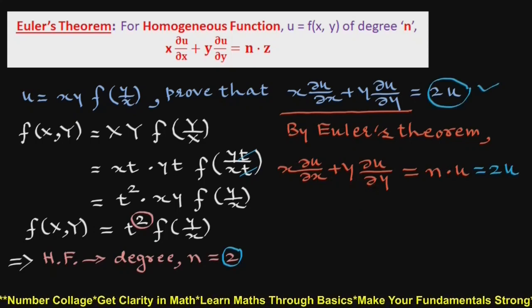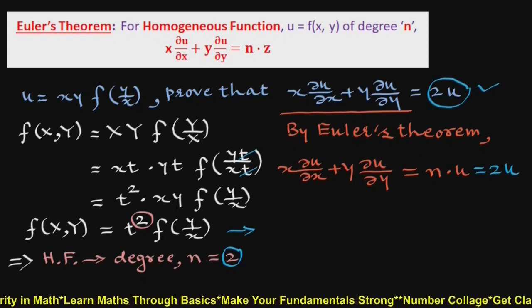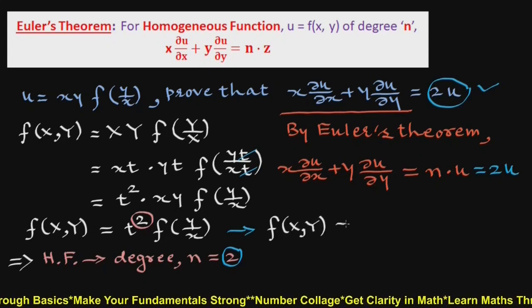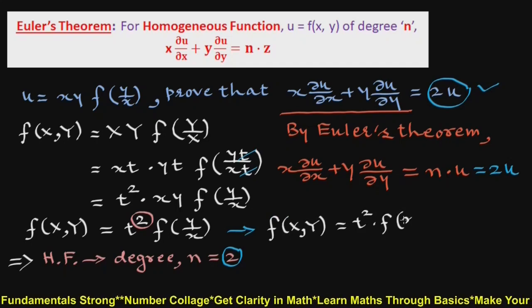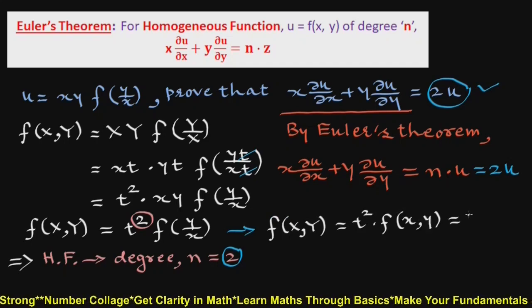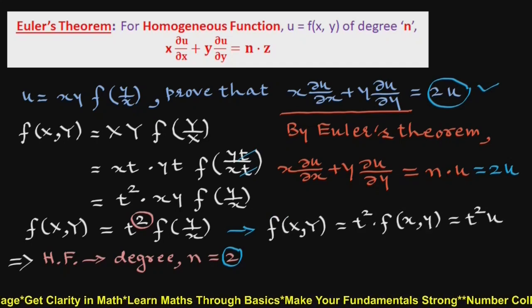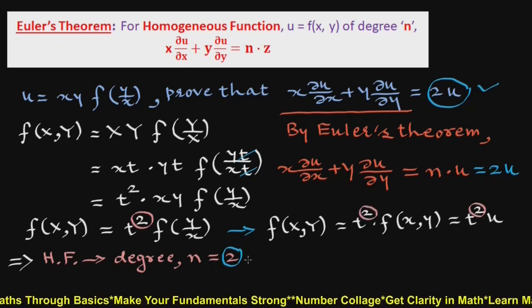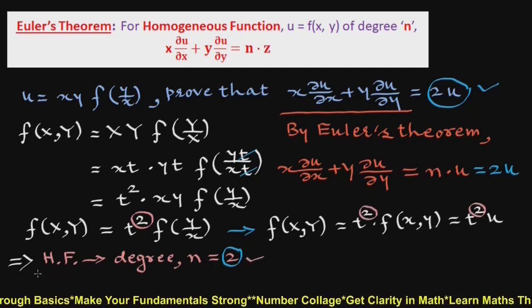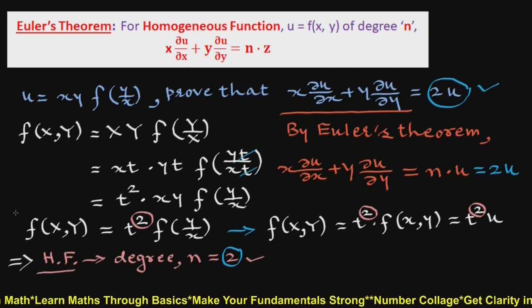Hence, this is proved. Pardon me, this should be f of XY equals t square f of x comma y or t square u, where this 2 is the degree of the homogeneous function. So let me erase this.